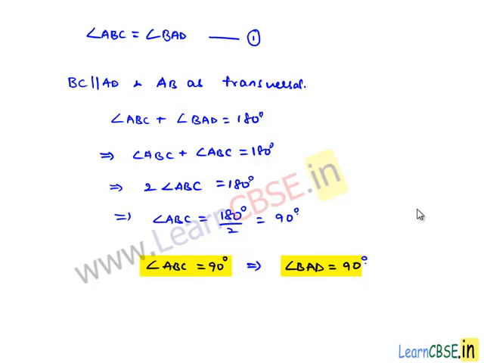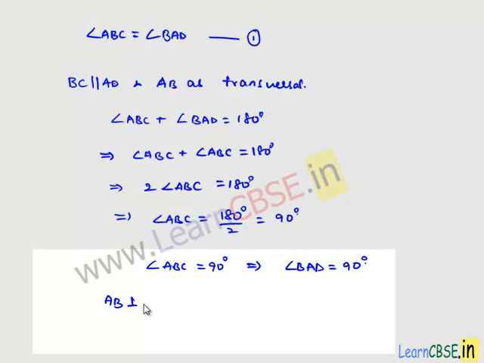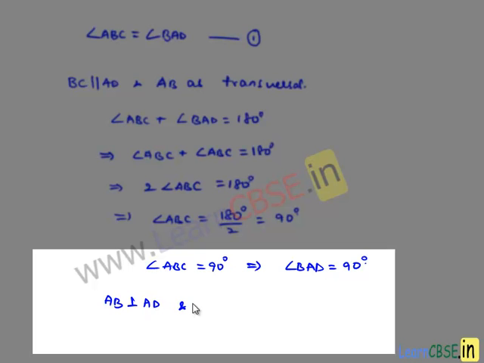So as two angles are equal to 90 degrees, AB is perpendicular to AD and AB is also perpendicular to BC.